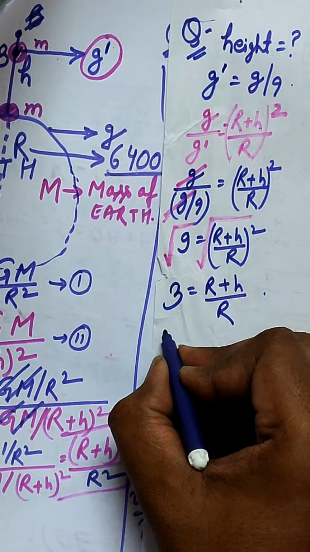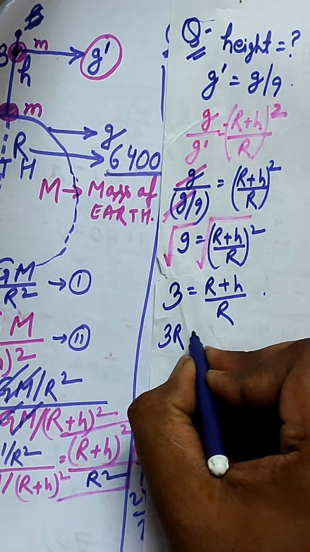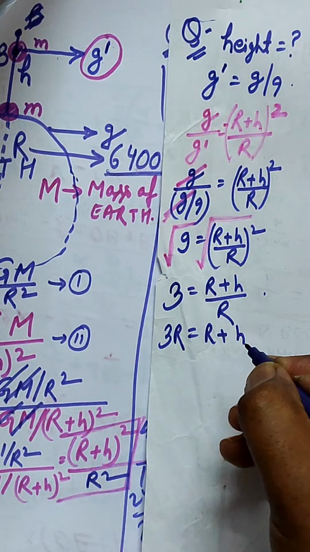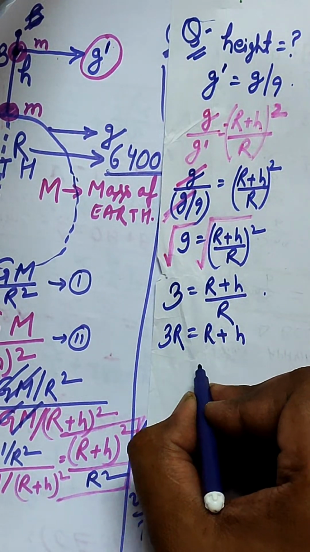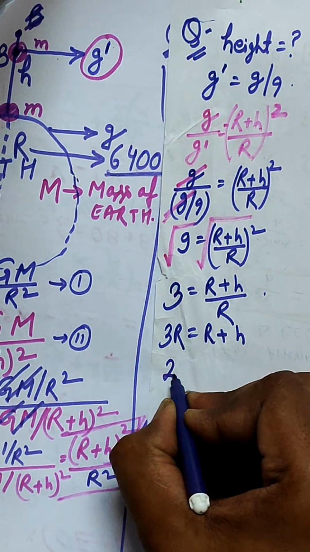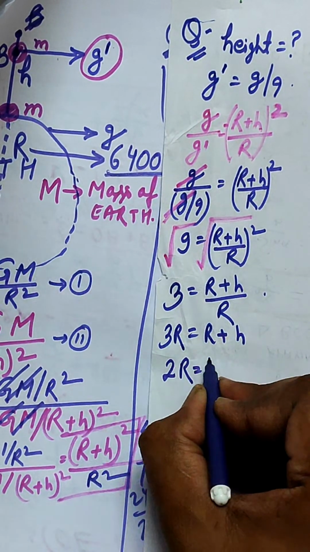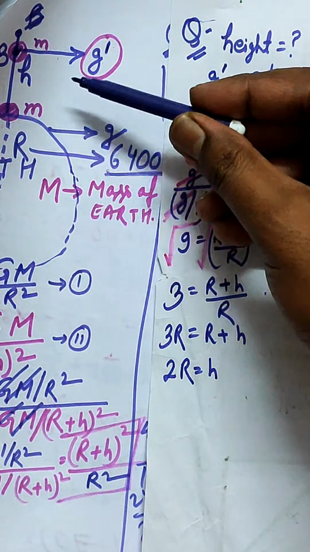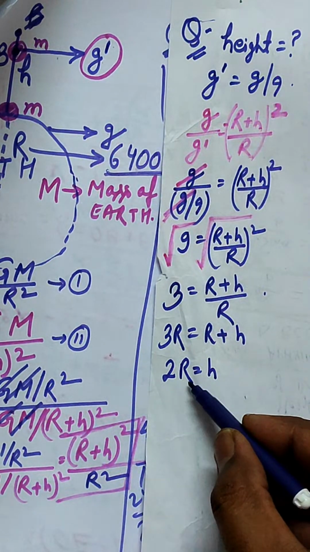When you solve it, it comes as 3R equal to R plus h. And when R goes to the left hand side, it will be 2R equal to h. So that means the new height h will be 2R.